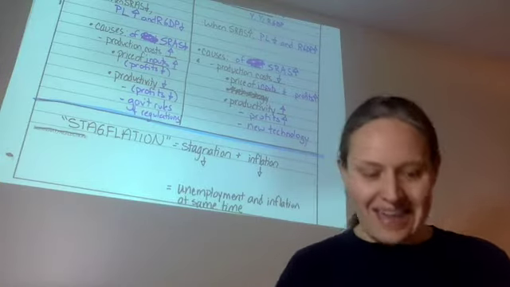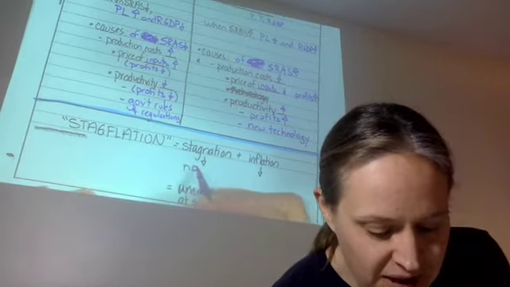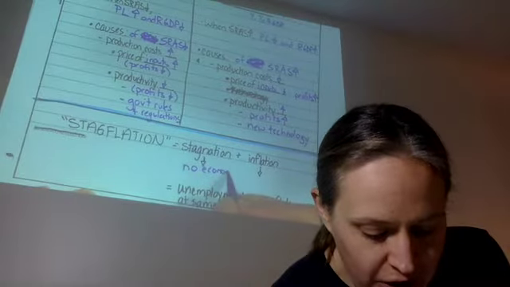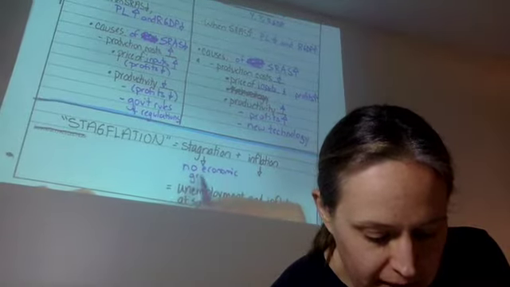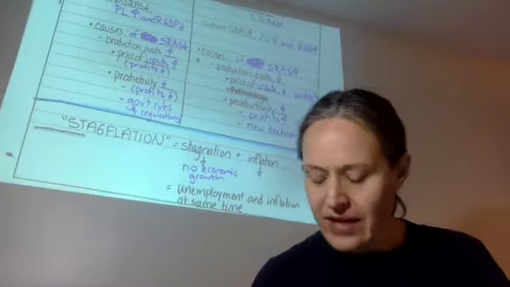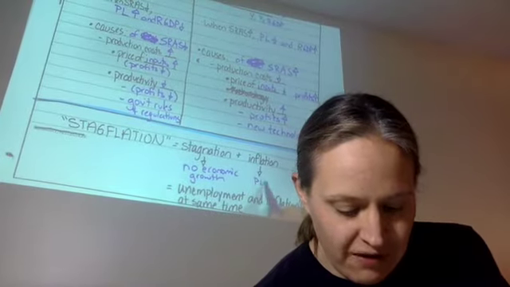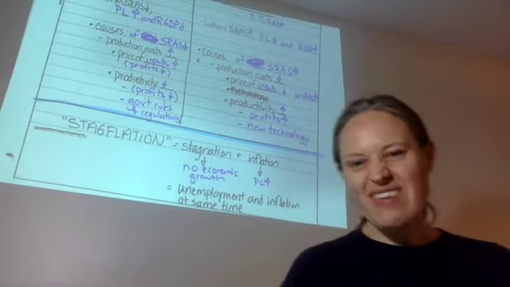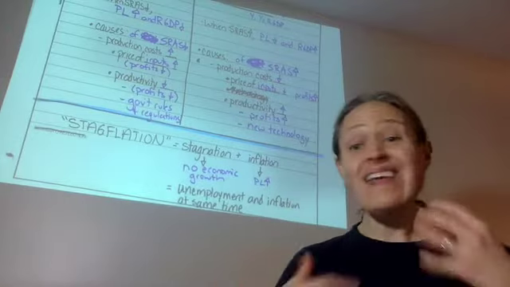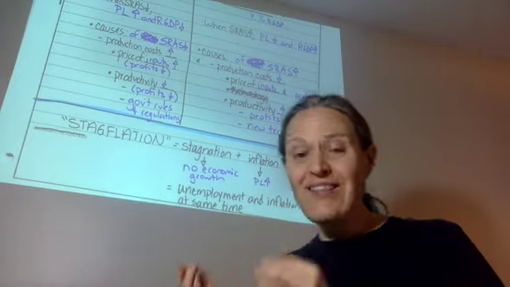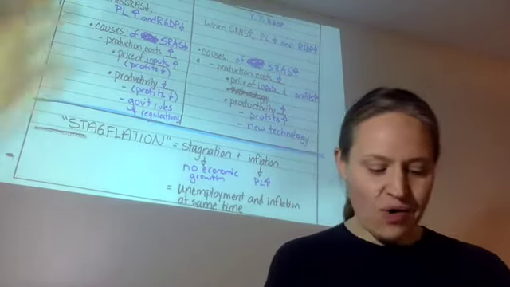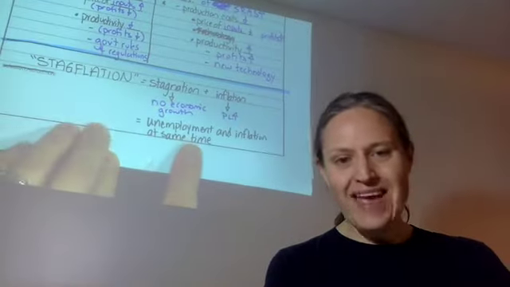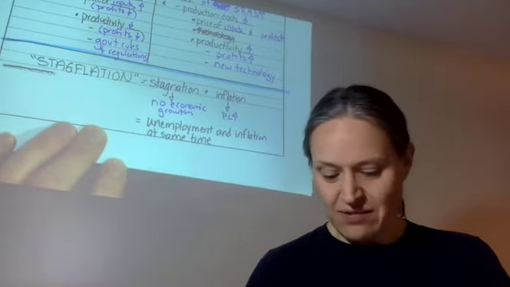So stagnation in this sense means no economic growth. And then inflation, we know that that means when the price level goes up. So if we have this stagnant economy that is not moving plus inflation, it means that we're going to have unemployment and inflation at the same time.